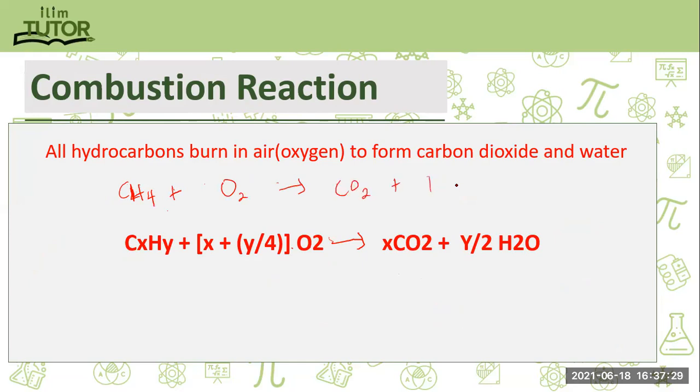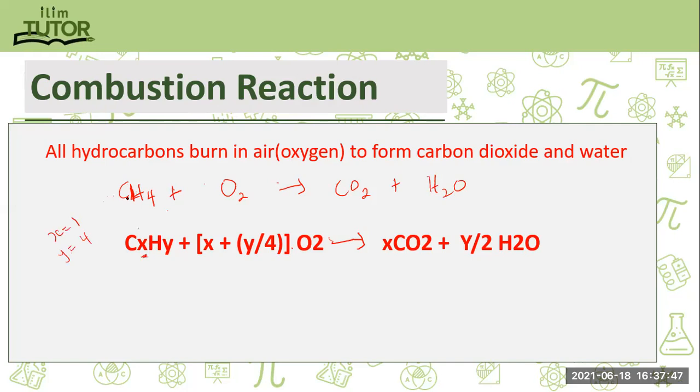But how do I balance it? Simply, if I look at this formula and this equation that I'm having, x is equal to 1 and y is equal to 4. You know, it corresponds to this.